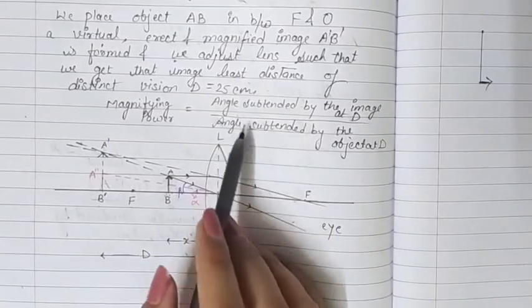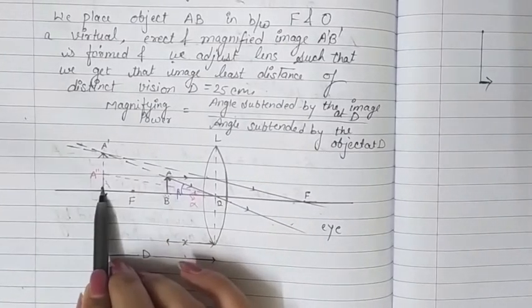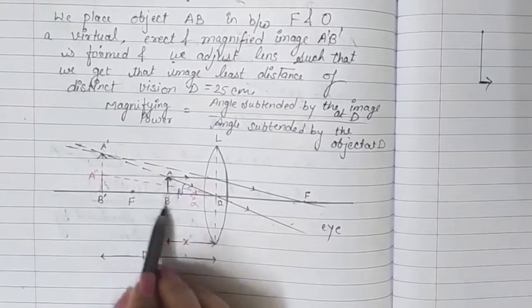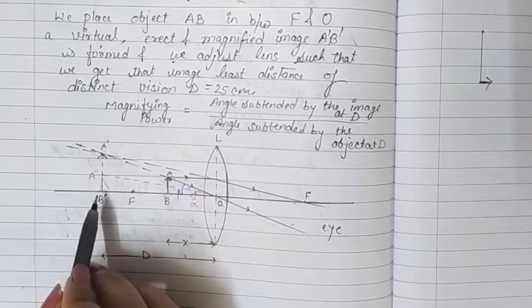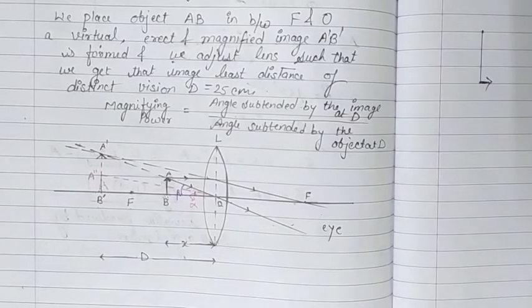So we need the angle that is subtended by the image at D and the object at D. The formula says the object should be at D, not at the point between F and O. They should be at the same point, meaning the location of the image and the object whose ratio we are taking should be the same.